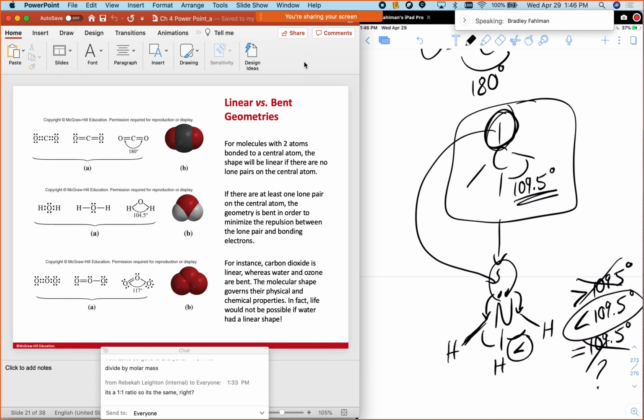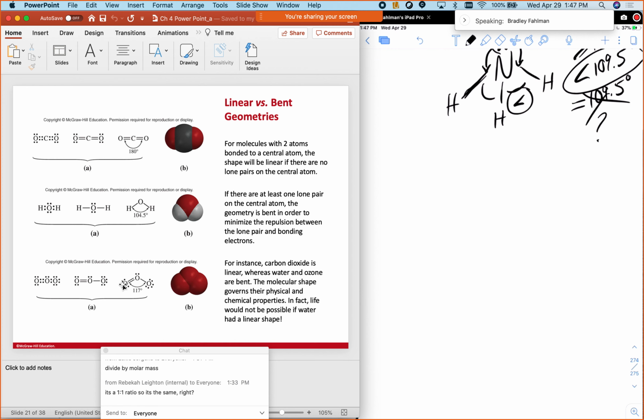All right, so we saw this really in action here, where I guess this is not showing it explicitly, but there were two lone pairs off of here. So now it's 104.5, so it's gone down significantly. Whereas with one lone pair, it's about 117. So this used to be trigonal planar.